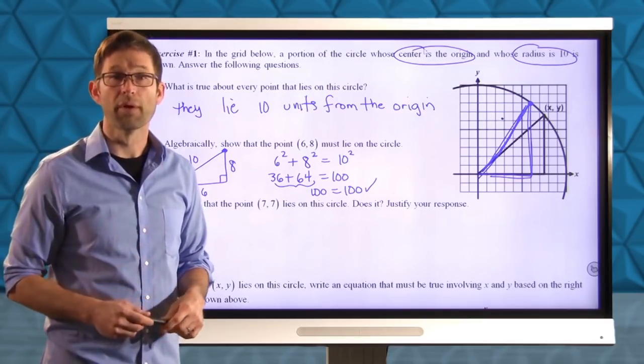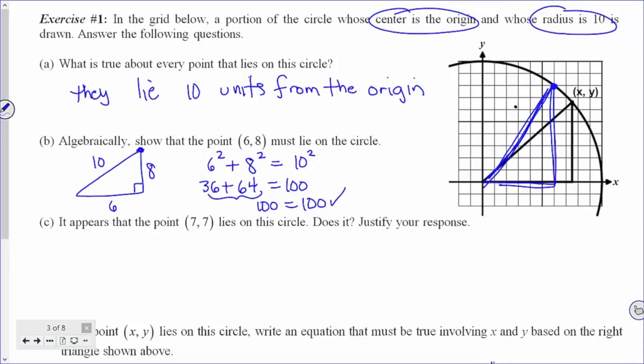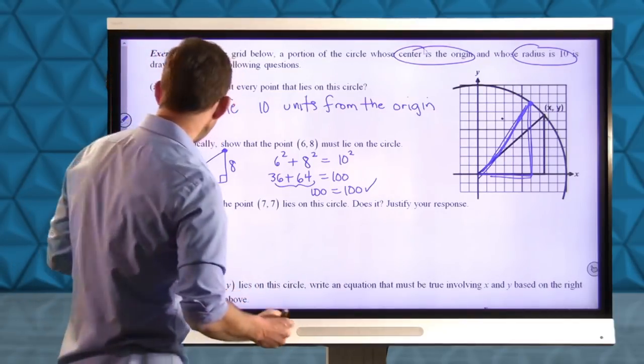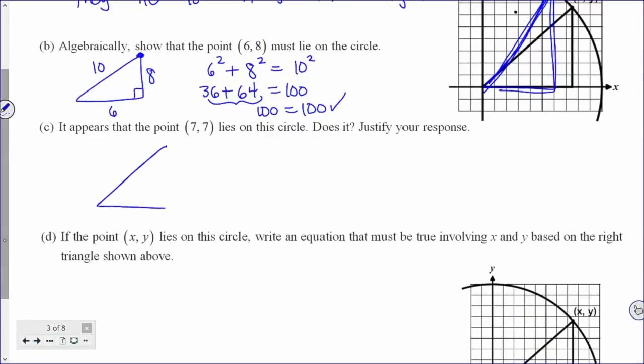So think about this for a moment. Does 7, 7 lie on the circle? Well, the answer is no, all right? And it's no because if we draw this right triangle, right? And again, what it means for the point 7, 7 to lie on the circle would be then 7 would be here, 7 would be here, and we would have a hypotenuse of 10, all right?